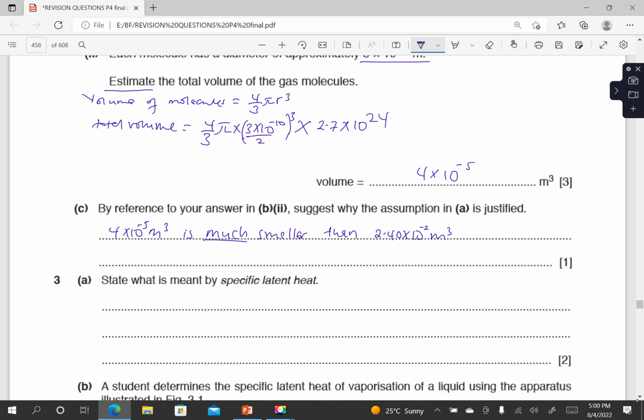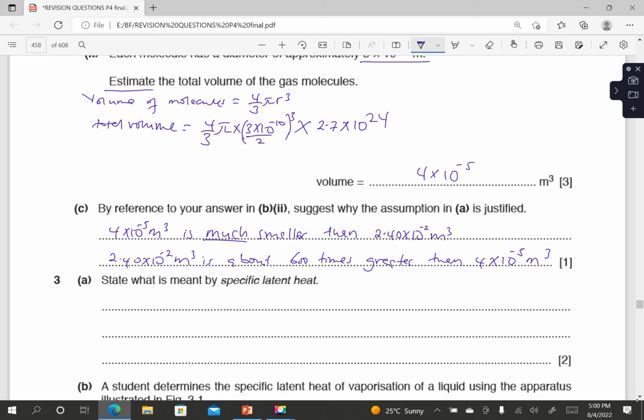In fact, 2.40 times 10 power negative 2 meters cubed is about 600 times greater than 4 times 10 power negative 5 meters cubed.